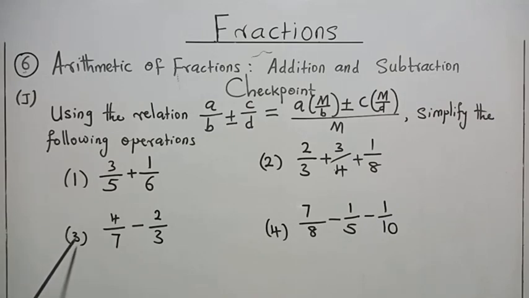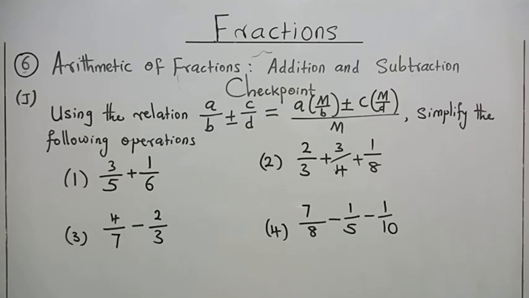The third question is 4 over 7 minus 2 over 3. By the time you come to solving this number 3, you may realize that at the end, the answers we get are not always positive. Here, you will see an answer that is not positive.